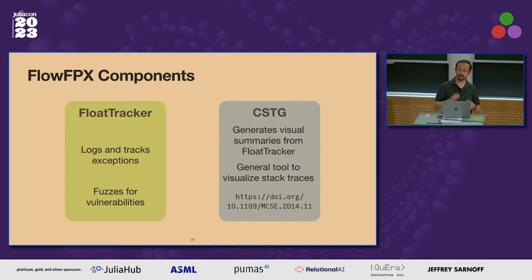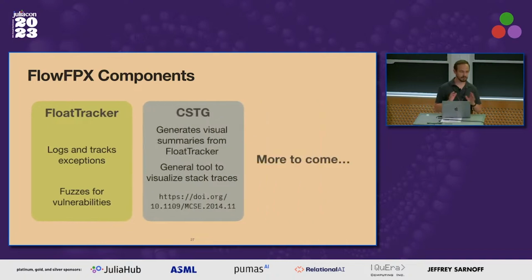Now, CSTG is a standalone tool, but it works really well in conjunction with float tracker. We'll be focusing on float tracker for this talk, as it's written in Julia for Julia programs, and we are at JuliaCon after all. But we'll see a little bit of how CSTG can help us out. And this is a growing tool set, so more in this vein later.